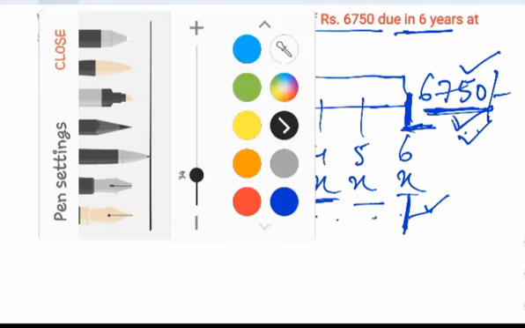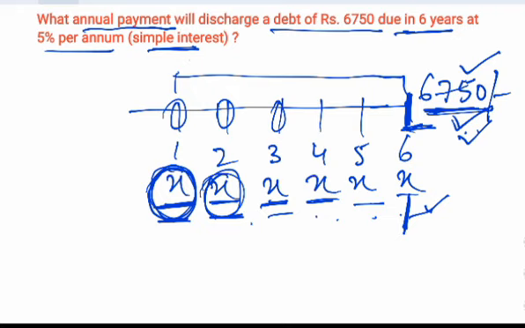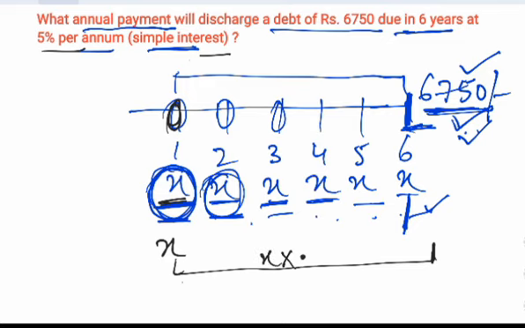So we can say that if we are paying X amount of money initially at the end of first year, so for 5 years it will have a simple interest on it at the rate of 5% per annum. So the interest for this X amount of rupees would be X into 0.05 into 5 years, because this period is of 5 years.